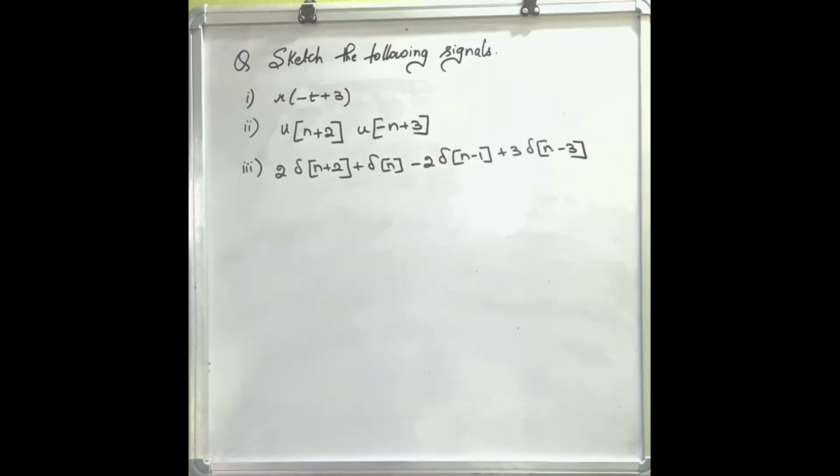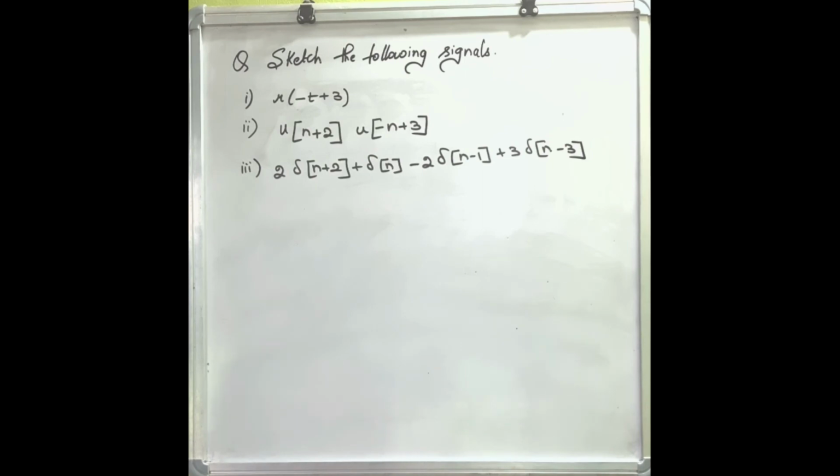Next, we are going to see 3 problems at a stretch. All the 3 say sketch the following signals. You have 3 different types of signal. First is r of minus t plus 3, that is your ramp signal. Second is u of n plus 2, u of minus n plus 3.